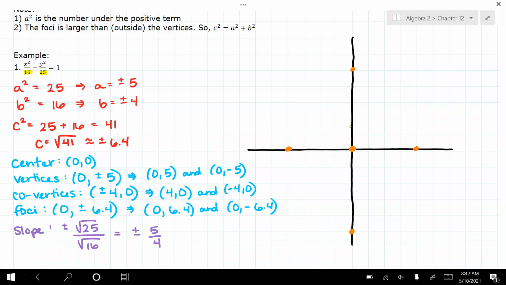Those 4 points that we just drew with the vertices and the co-vertices, I'm going to draw a little box, like a rectangle that connects them, and I'm just going to keep it as a dotted line. Okay?